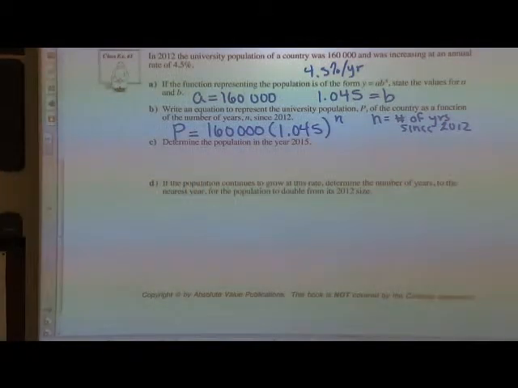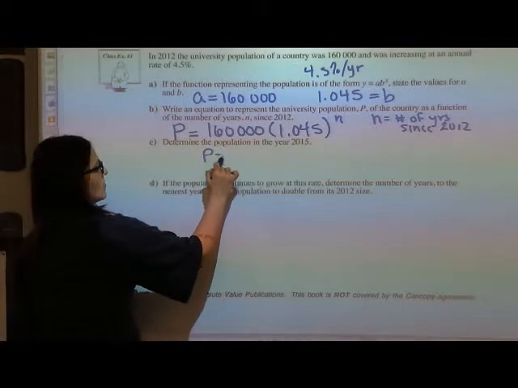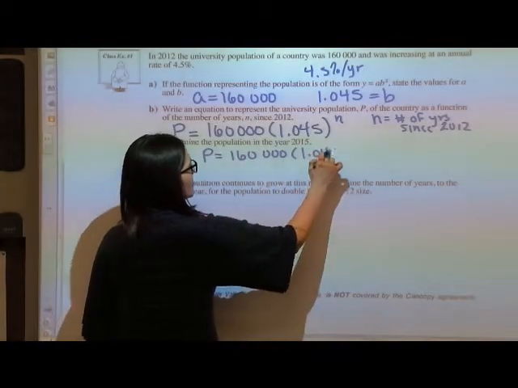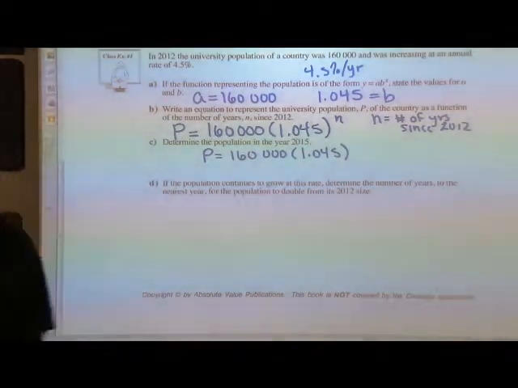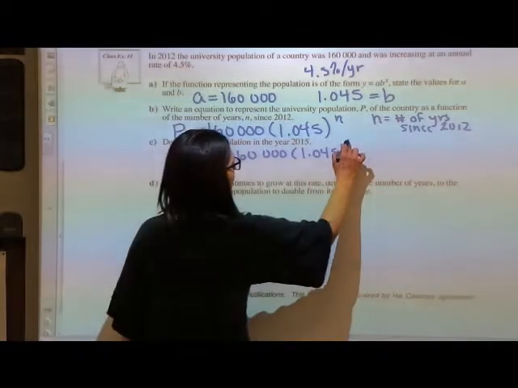So if I wanted to determine the population in 2015, how many years is that since 2012? Three. 3 years. So n would be equal to 3.